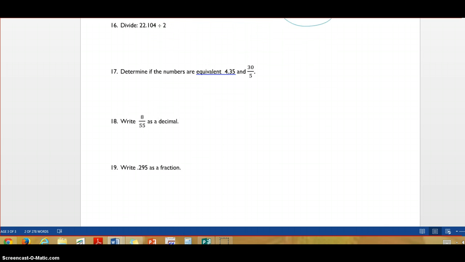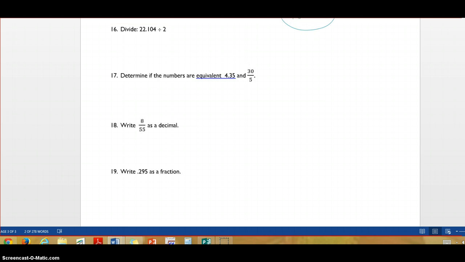Now for 16, we're dividing 22.104 by 2, so 2 on the outside, 22.104 on the inside, don't have to do any swooping. 2 goes into 2 once, 2 goes into this 2 once, nothing left over, bring up that decimal place. 2 goes into 1 0 times, but 2 goes into 10 5 times, and 2 goes into 4 2 times.